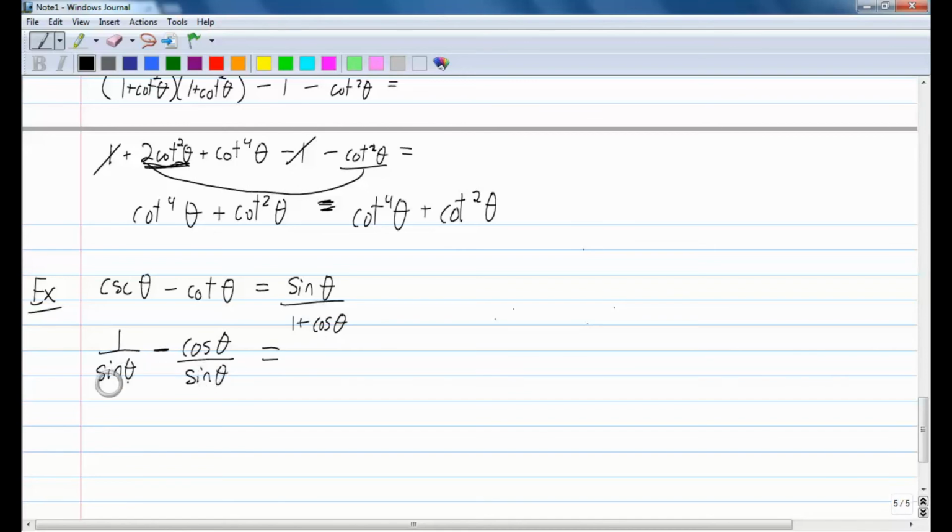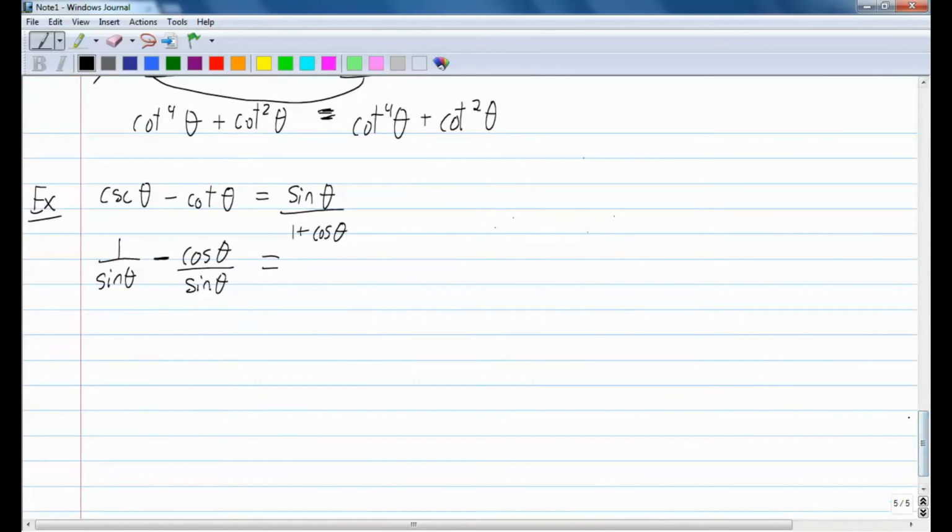So if I got a common denominator, they already have a common denominator. Their common denominator is sine. You don't say sine times sine. It's already sine. So the terms that go on the top are just the terms that are in the numerators for both terms. So 1 minus cosine theta. Now that does look similar to the right side, but that's not the right side, is it?